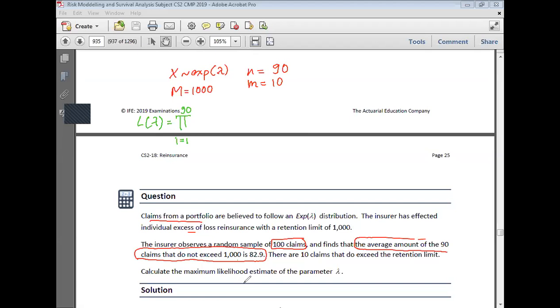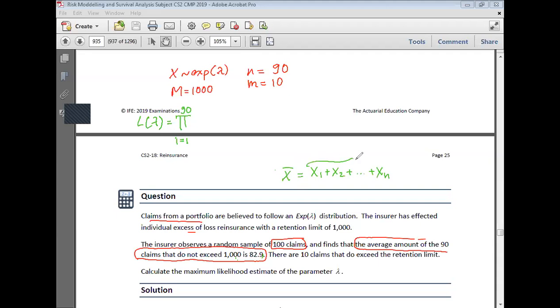Okay, so what we have right now is the 90 claims that do not exceed 1000. We know that their mean is 82.9. So if I write x bar, x bar would include x1 plus x2 up until xn.